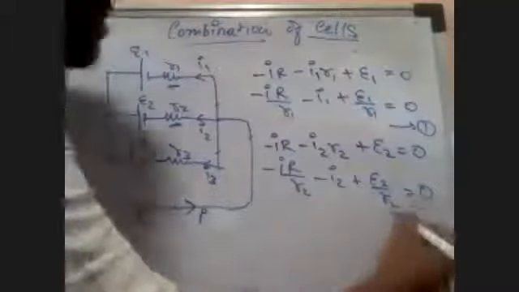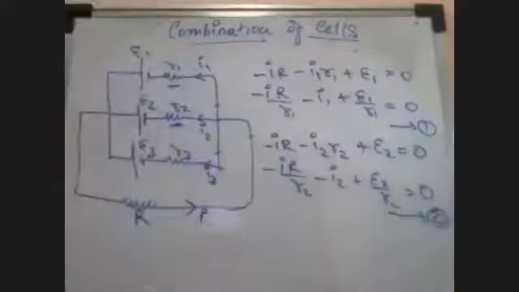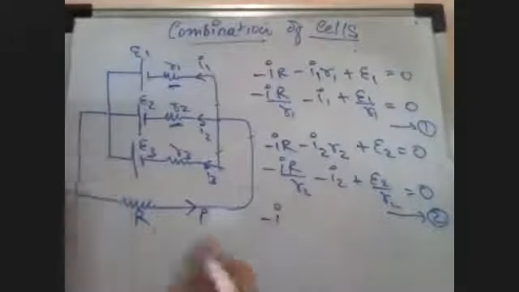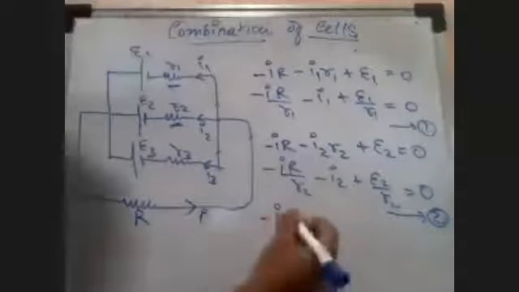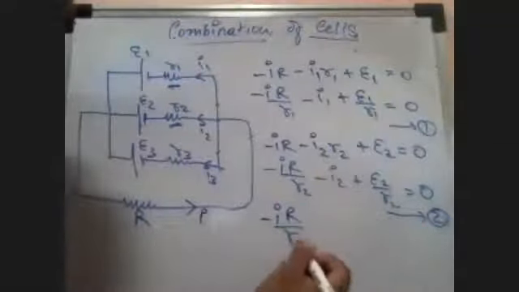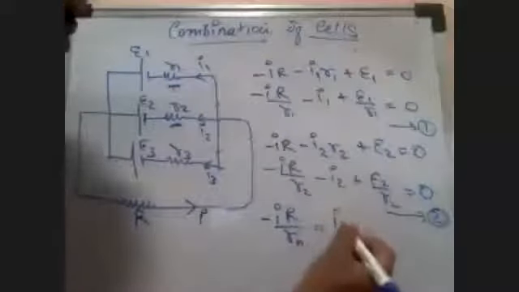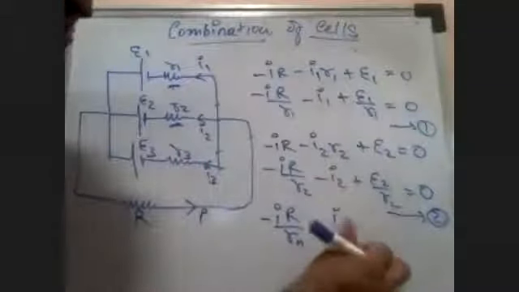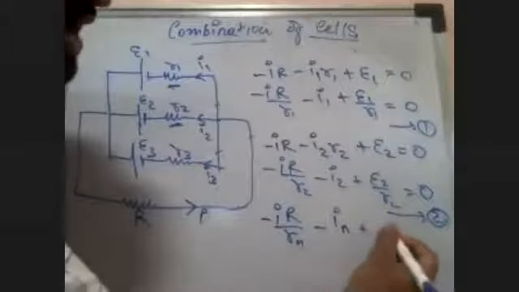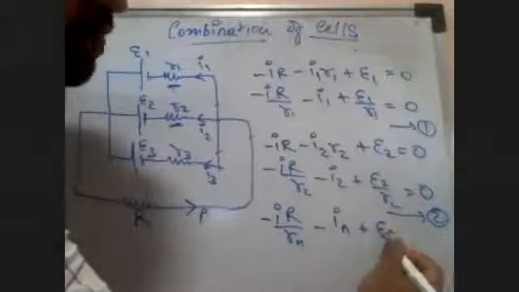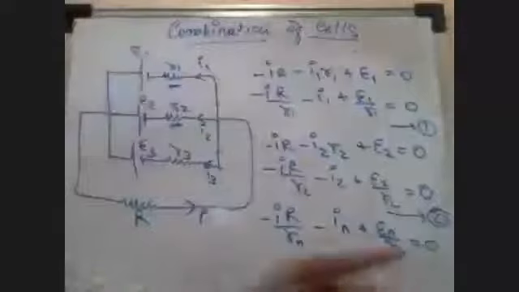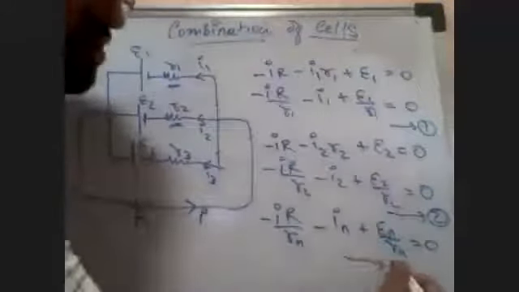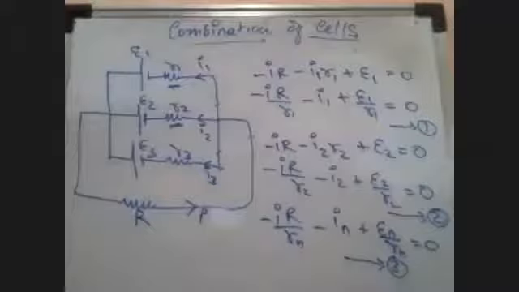My third equation will be minus I times R upon Rn minus In, plus epsilon n upon Rn equal to 0. If I just consider n number of paths, will I get this equation in the end? Yes or no? Let's consider this to be my third equation.